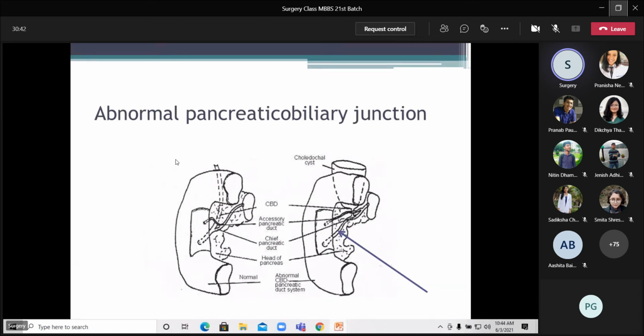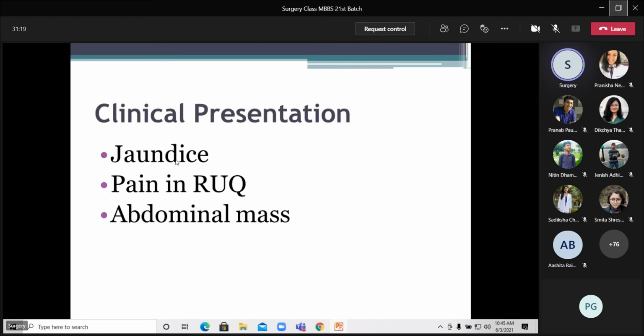The distal part is very narrow, and it is joining the pancreatic duct in a straight manner, outside the duodenal wall. So there will be a long common channel, more than 1 centimeter. That will give rise to reflux of the pancreatic juice into the biliary tree and cause cholangiocarcinoma, being a risk factor.